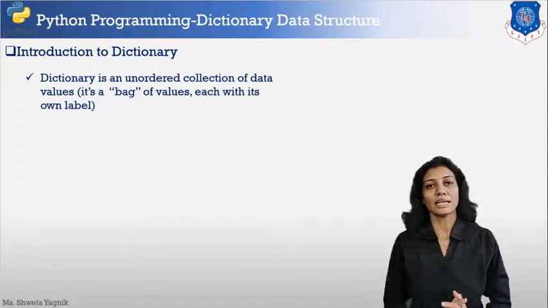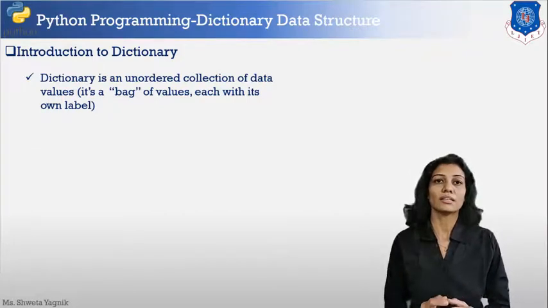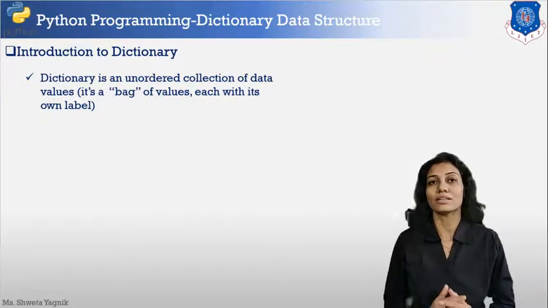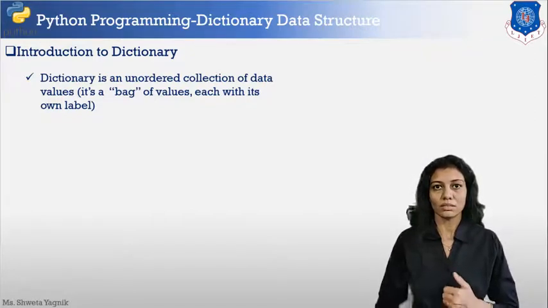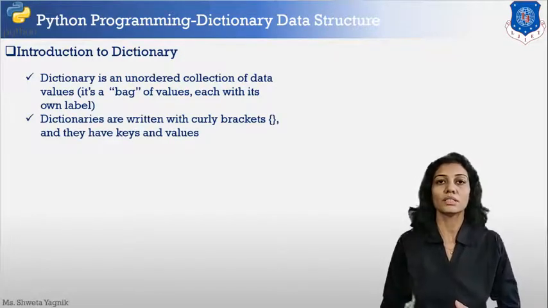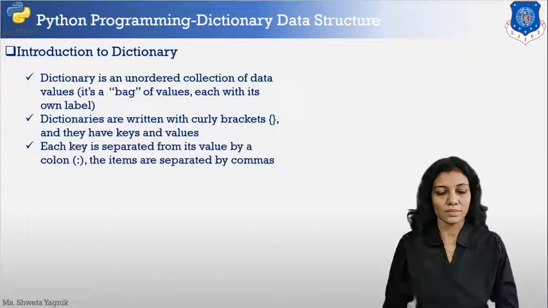Now dictionary is an unordered collection of items, okay, and each item is collected inside like a bag where order does not matter. So that is dictionary. The second thing is dictionaries are written within curly brackets and they have key and value pairs.